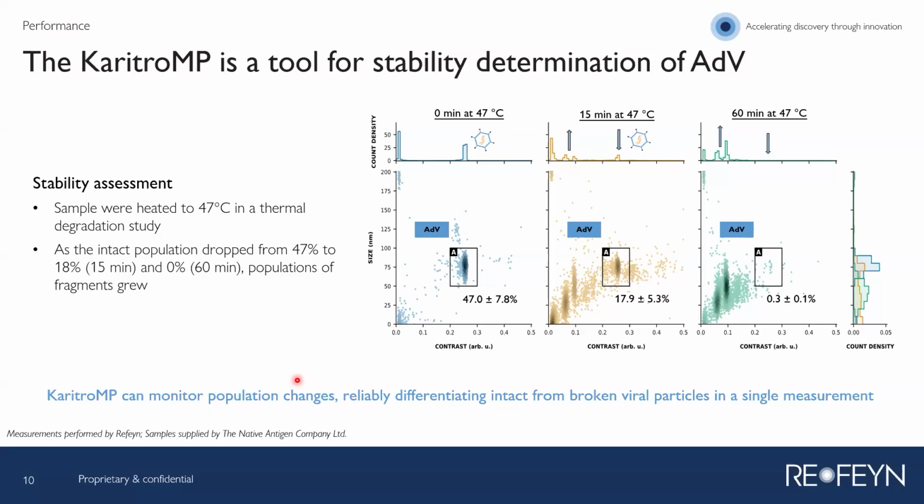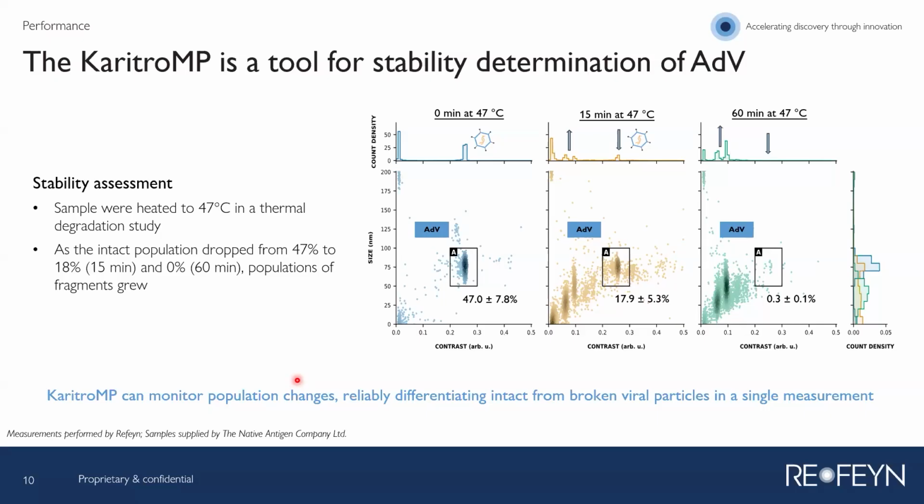As you can see in the image below on the right, going from left to right, you have the samples incubated for 0 minutes, 15 minutes, and 60 minutes. It shows that at 0 minutes you have an intact population, and as the incubation time with temperature increases, you see a decrease in that intact population, whereas lower populations on the bottom left start to appear, indicating that these are your broken capsids or broken intact particles.